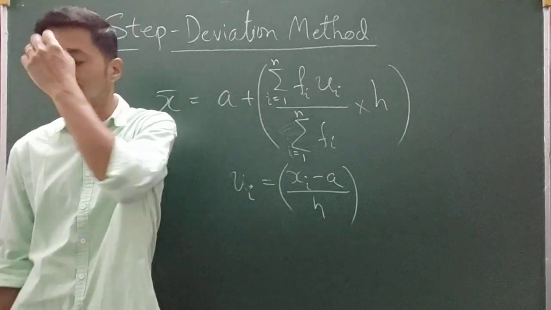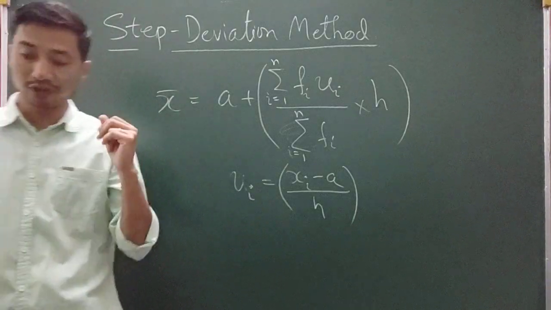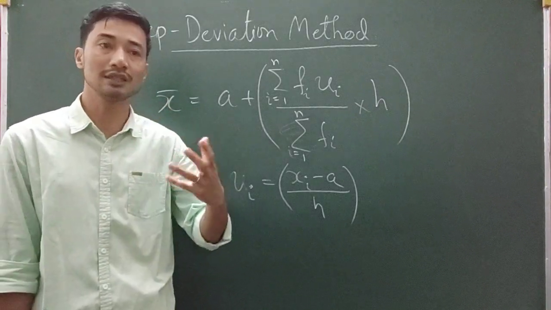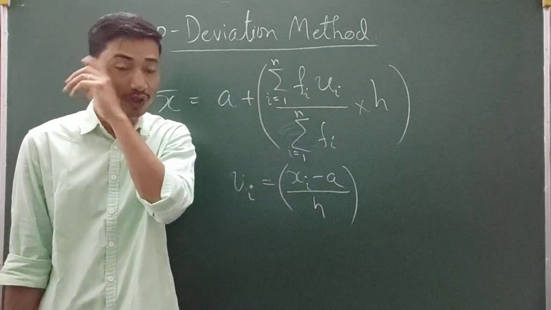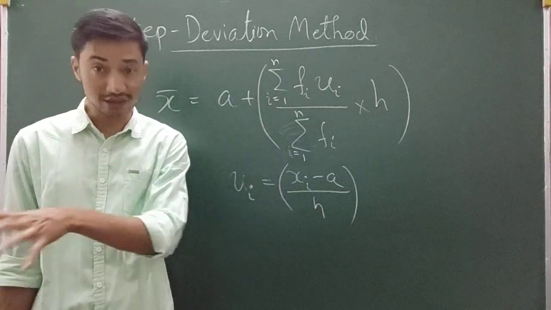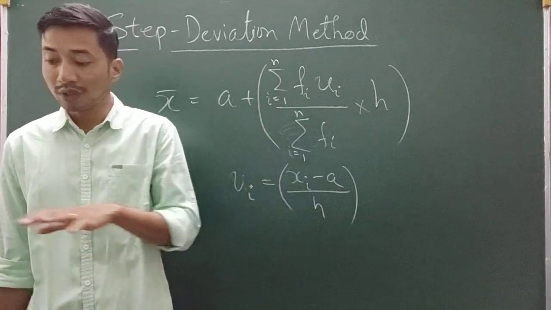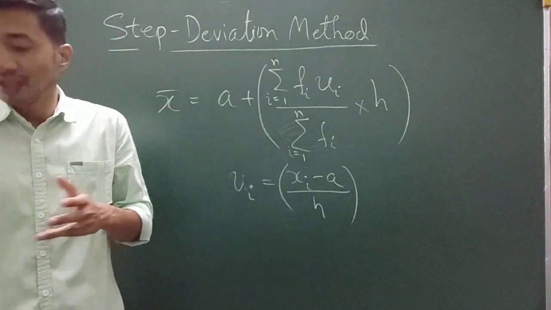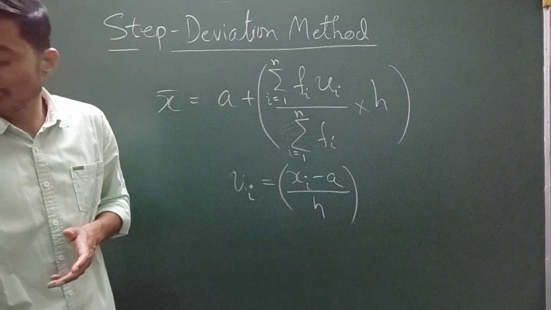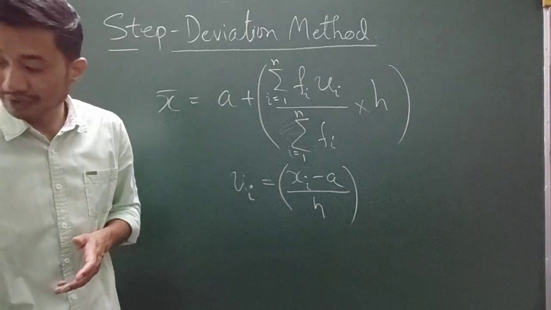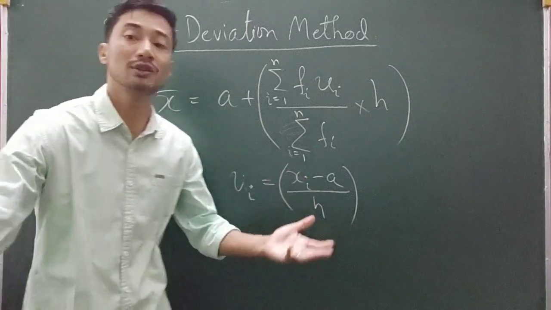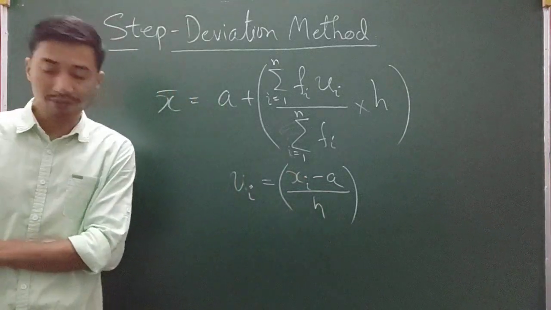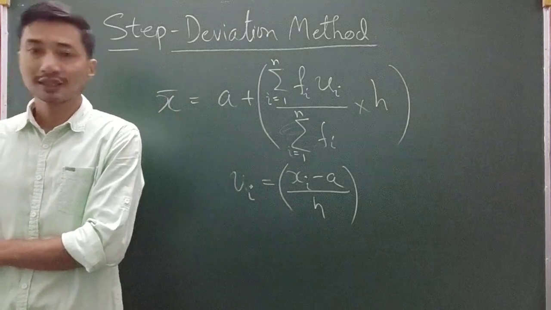All right. So what I'm going to do here is solve two questions from the exercises. We will first try to learn this step deviation method. After that, from the same exercise, I will be doing questions number 8 and 5 in the next video, because these are slightly different and we will require some changes.